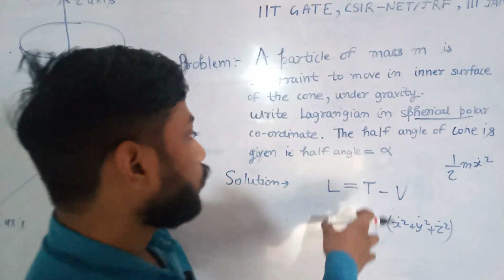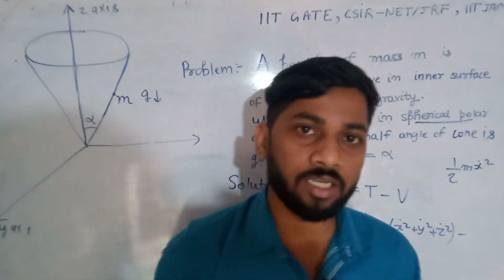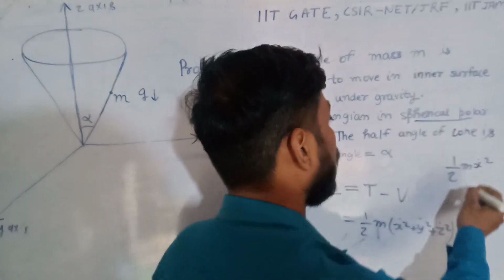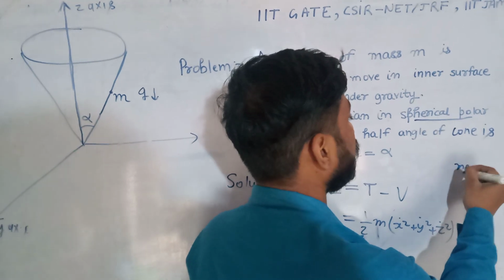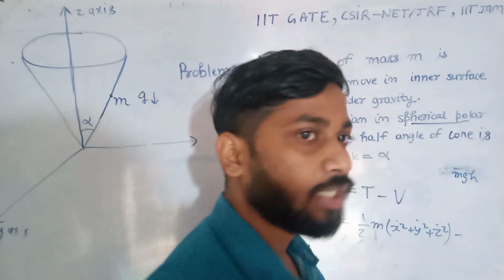So this is your kinetic energy minus V. What is the potential energy of the particle? You all know it is mgh.